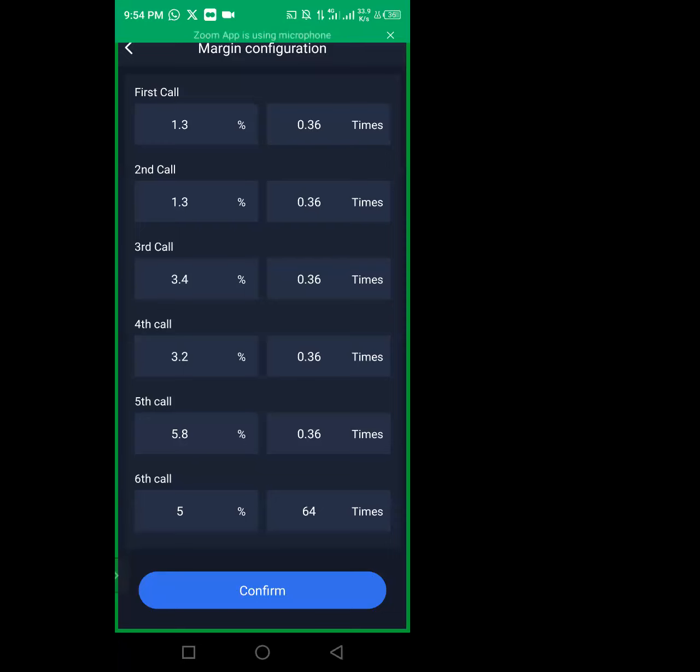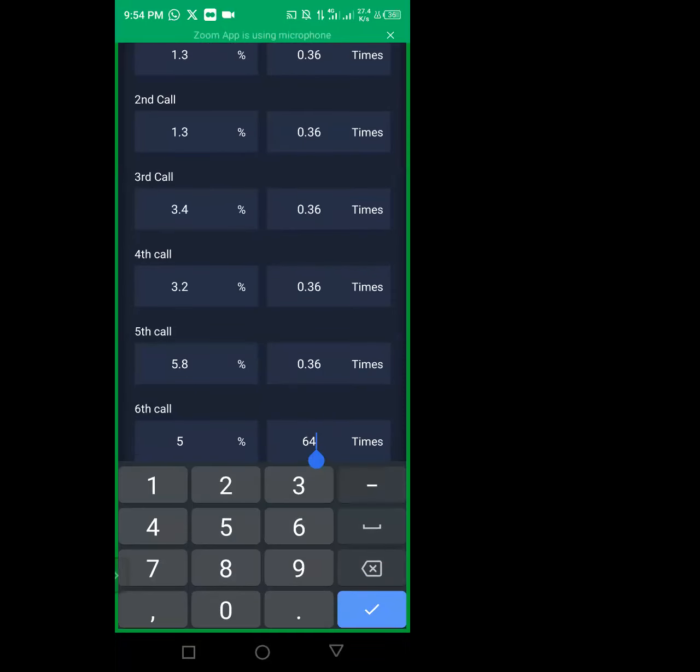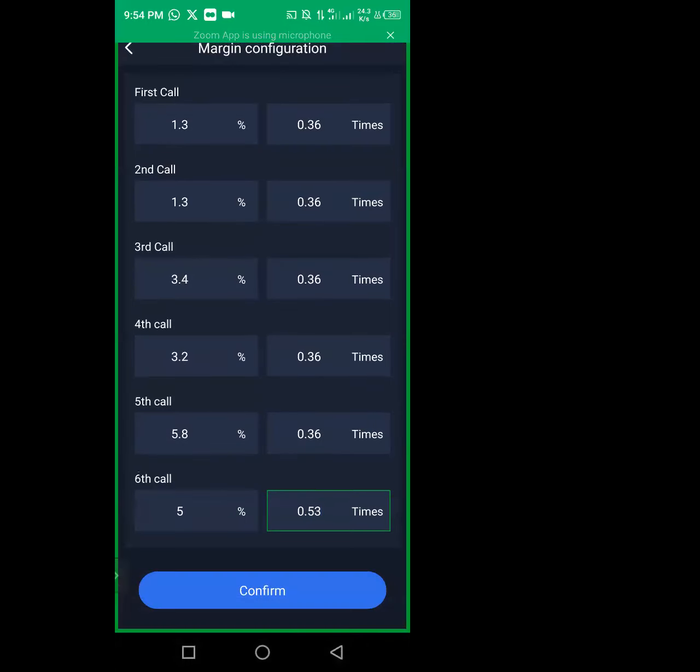So now we are going to use 16 to buy our 6th margin call. So who will do 16 divided by 30? That's 0.53.